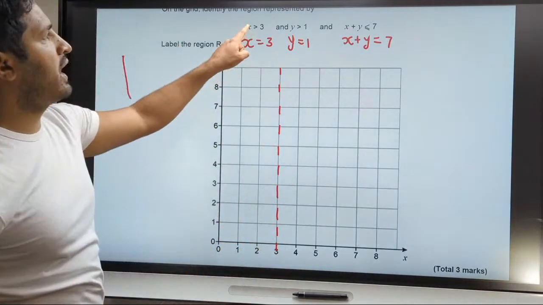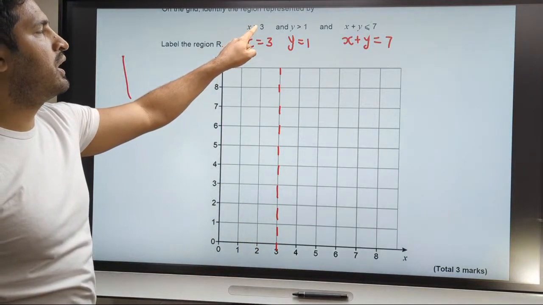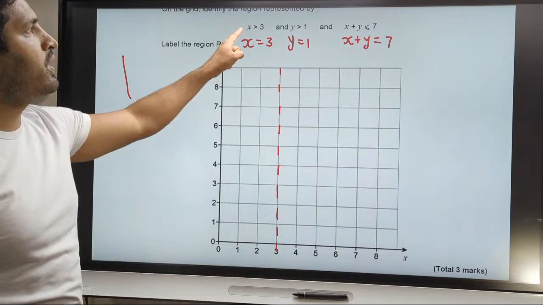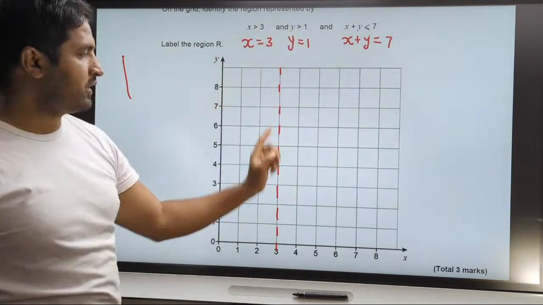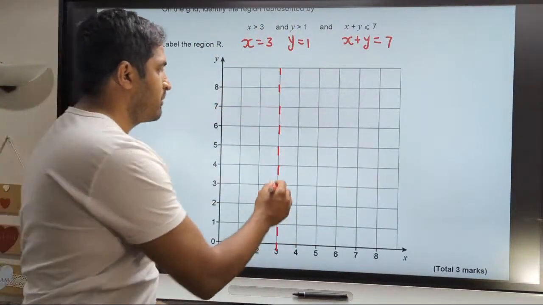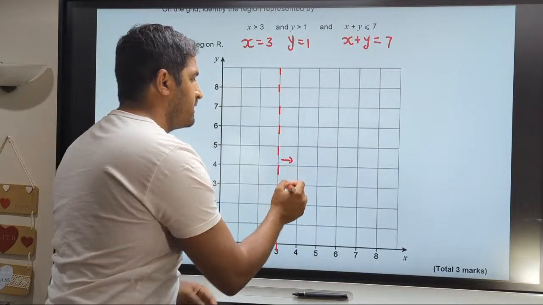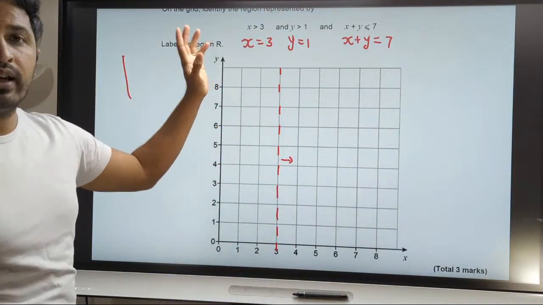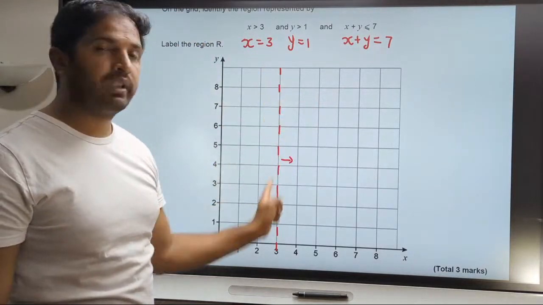If that was x is greater than or equal to 3, then you use the solid line. We want the x value bigger than 3, so bigger than 3 on that side. I'm going to draw an arrow saying this is the side that we want. Whenever we write down that region R, we're going to label it on that side of this line.